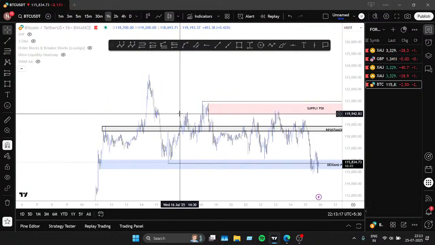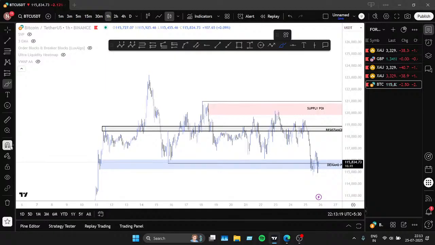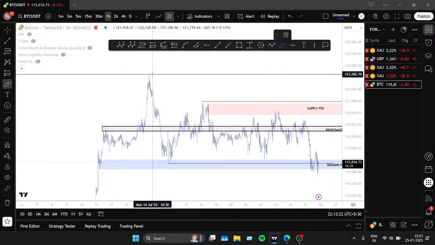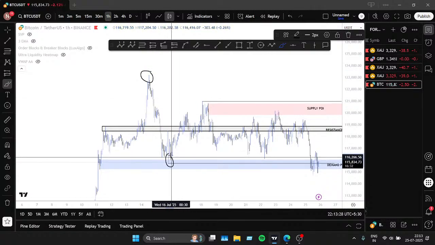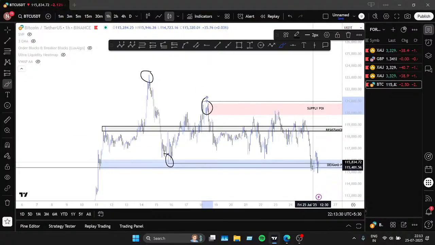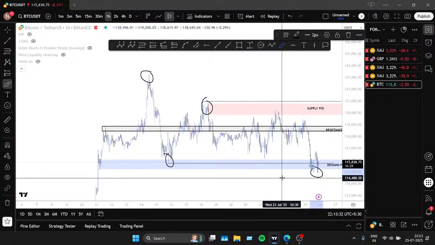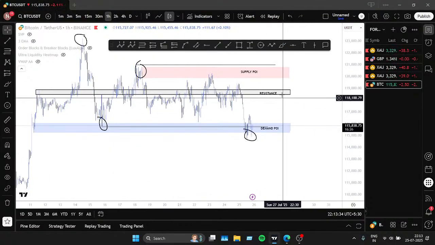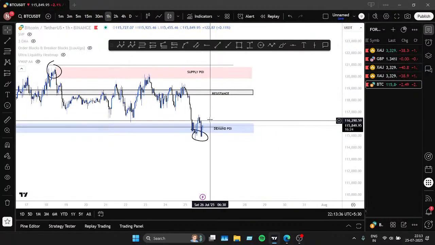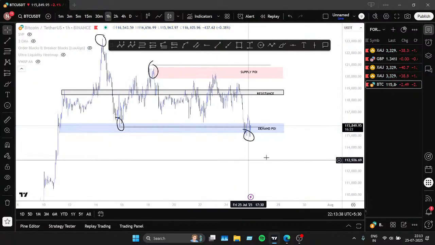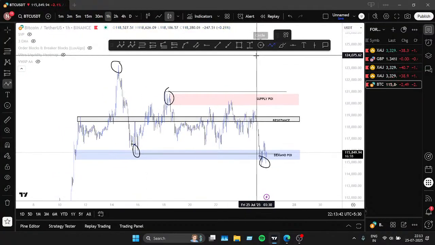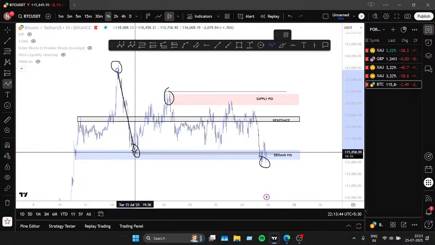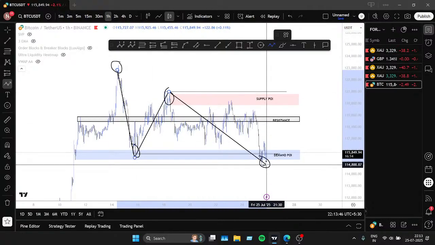Now we can confirm that this was a lower high, this was a lower low, lower high, and lower low, right? So I think market could potentially fall more to the downside because market has finally given us a breakout to the downside, right? From here to here.